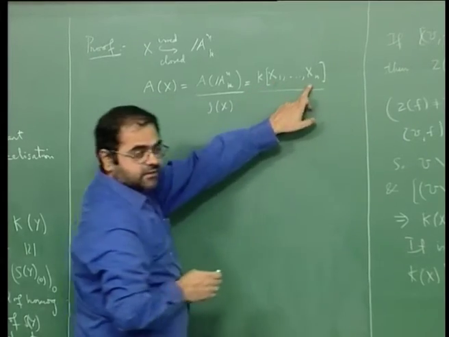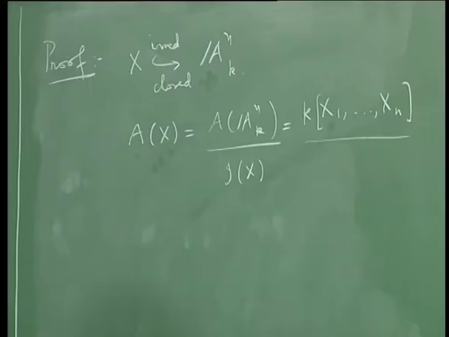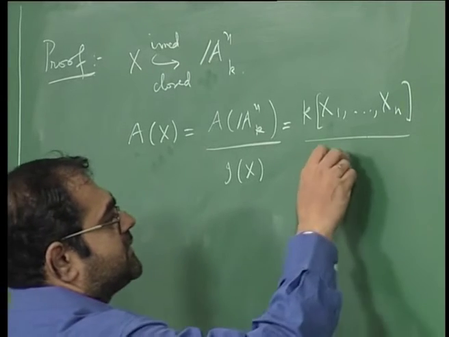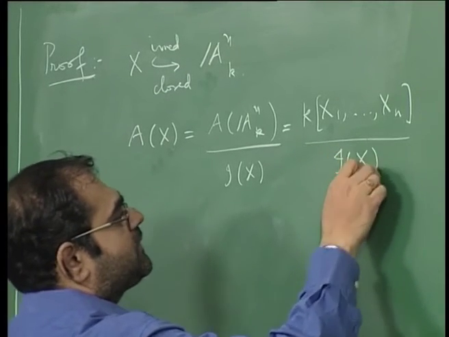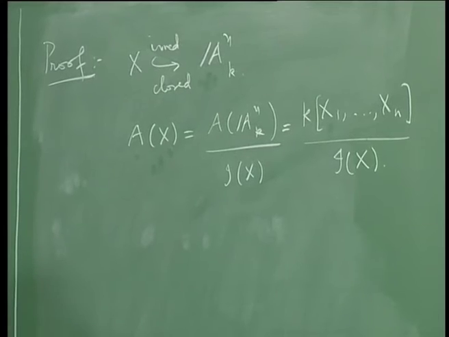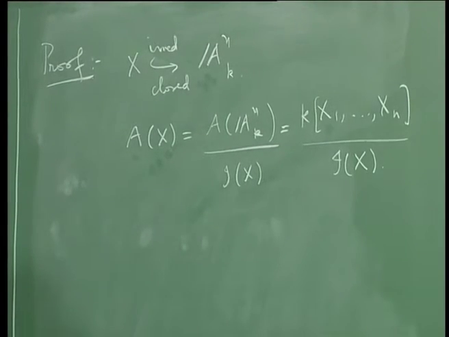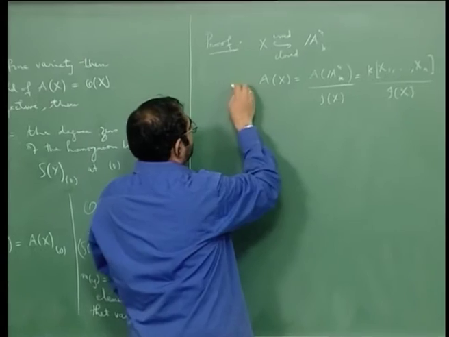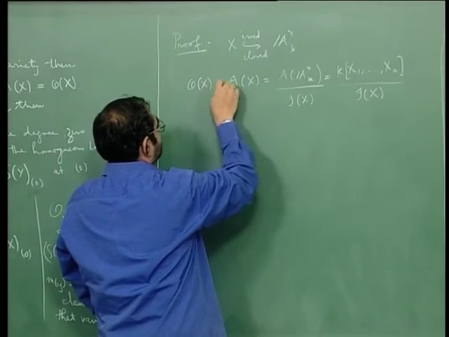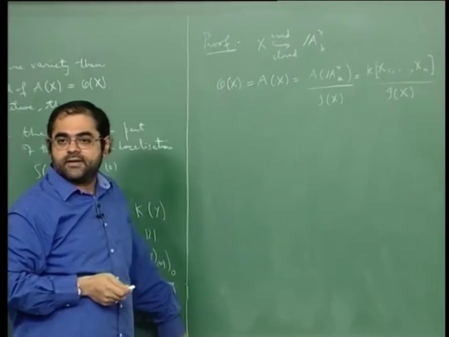These variables x_i are the coordinate functions on the affine space, the n coordinate functions, and here is your A(X), and by the way, since X is affine, this is the same as O(X), these two are one and the same.